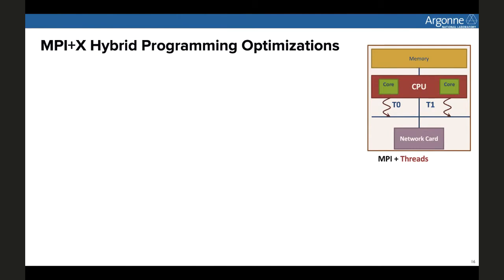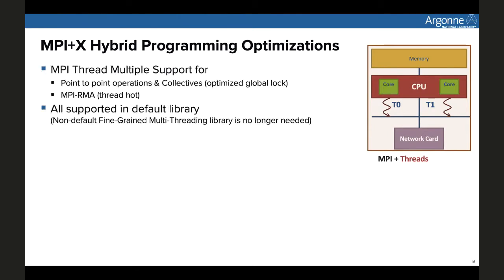But if it is an MPI plus OpenMP or pthreads based programming model used for the application, then in order to make the MPI calls from the different threads that are there within an MPI process, you need to use the thread multiple support. This thread multiple support is there for point-to-point, collectives, and the MPI RMA. So all this is supported in the default library.